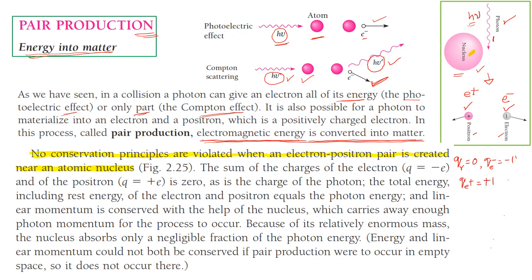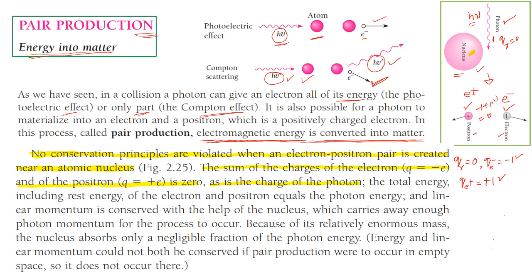So the final charge is 0. Initially the charge is 0, and finally -1 plus +1 is also 0. So there is charge conservation. The sum of the charges of the electron, which is -e, and of the positron, which is +e, is 0, as is the charge of the photon.